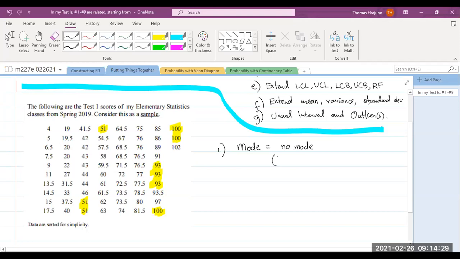You may want to explain a little bit, that it's a trimodal case. Some teachers will call that a trimodal case and want you to list them: 51, 93, 100. But in my class, I accept only up to 2 modes.